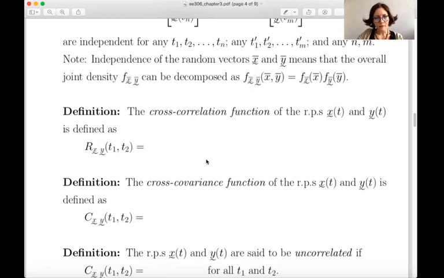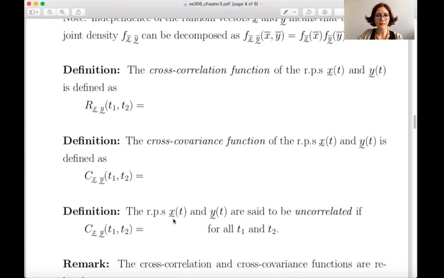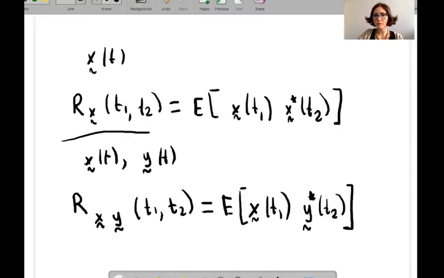All right. The next definition we have is the cross-covariance function of the random processes x and y. This is also quite simple to extend. What we are trying to do now is to generalize the concept of autocovariance function to the concept of cross-covariance.